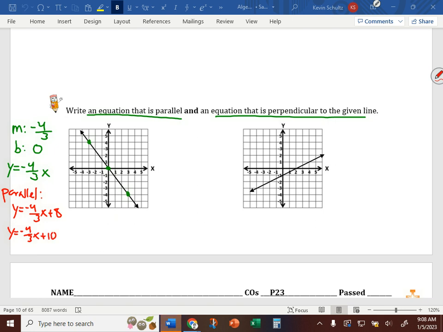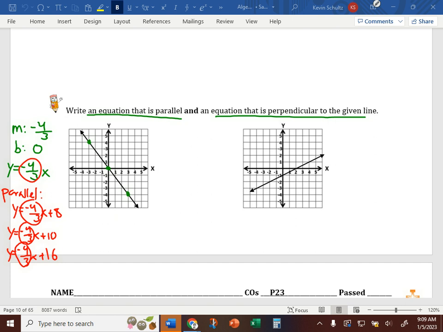Another, Sam. y equals -4/3x plus 60. Okay. Remember, the y-intercept doesn't make a difference here. The only y-intercept you can't have is 0, because that's the original line. Any other y-intercept, as long as the slope is the same, is going to make it a parallel line. That's all we care about. What is the slope? For parallel lines, it's got to be the same.